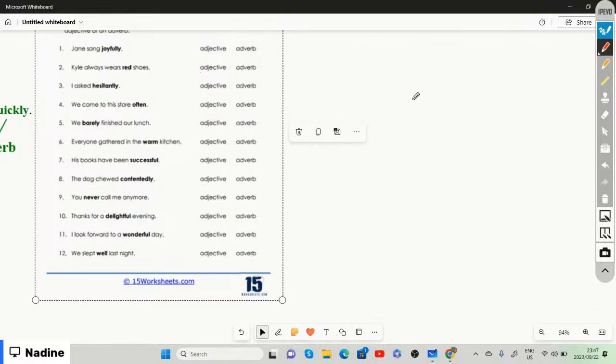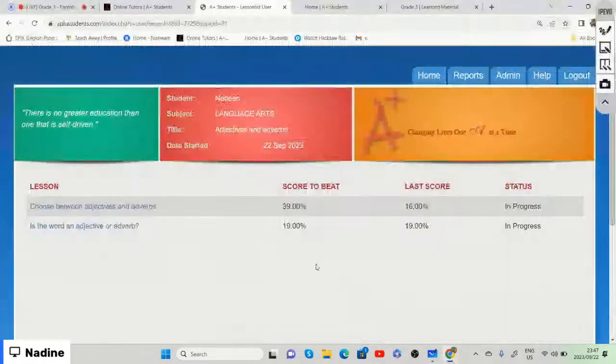All right, so that is basically our lesson on adjectives and adverbs. An adjective tells us about the noun. It often asks what kind or how many. How many can be numbers like 3 stars, 2 girls, 5 babies. What kind can be red shoes, beautiful dress, beautiful smile.